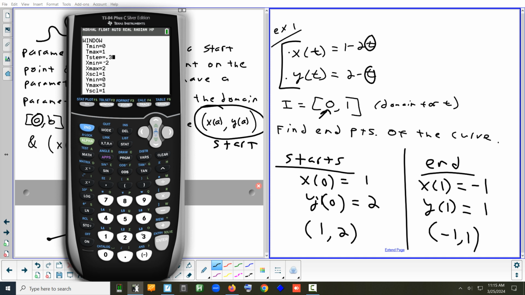And then what would be the next one? 0.3, and then 0.6, and then 1.2. No, what's after 0.6? 0.9. And then what would it try to do after 0.9? It would try to do 1.2, but it can't because that's bigger than what we said to go to. So the problem you're going to have is you're going to get a value at 0.9 and nothing between 0.9 and 1.